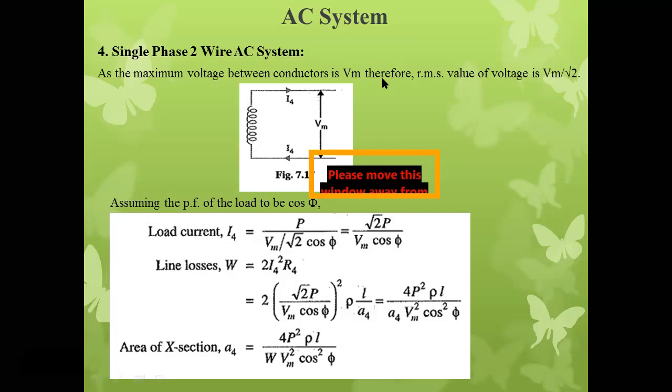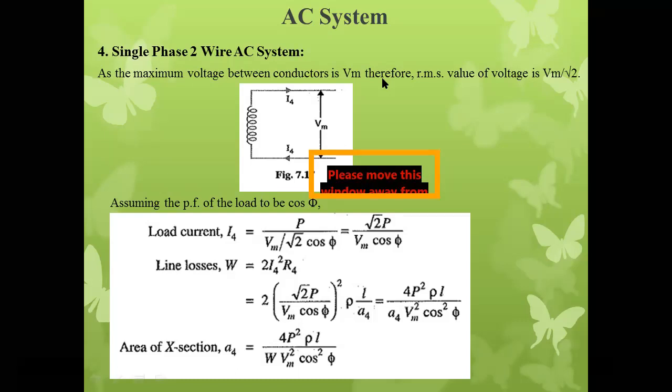Since in a single phase system, the active power P is equal to Vrms Irms into cos phi, rearranging gives I equal to P by V cos phi, where V and I are RMS values.